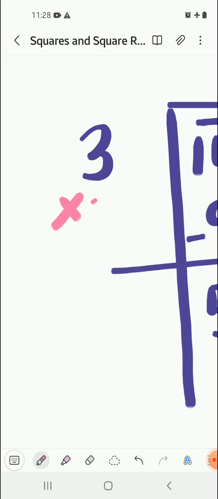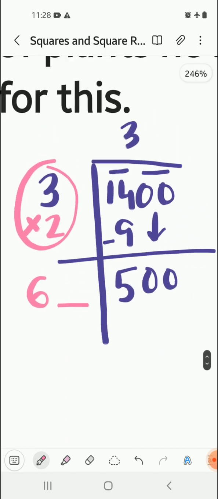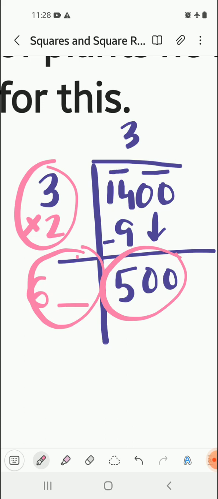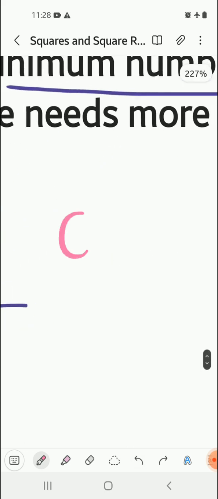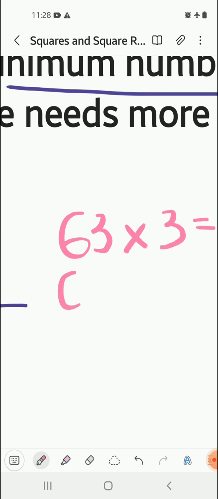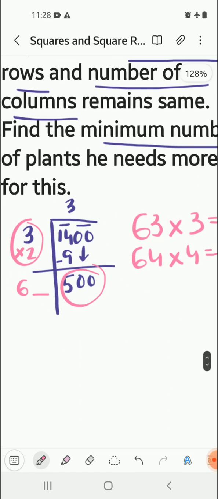This 3 into 2 would become 6. So 6 is the number. We have to write such a number over here, multiplying with which we will get a number close to 500. What I mean to say is, by trial method, we have to multiply this way and check, like 63 into 3, 64 into 4. This way we have to check which number is the closest to 500.